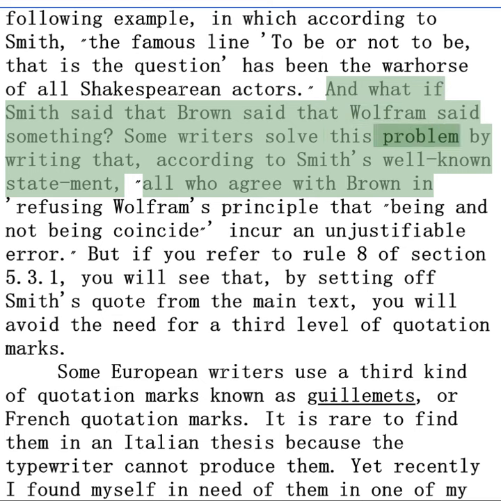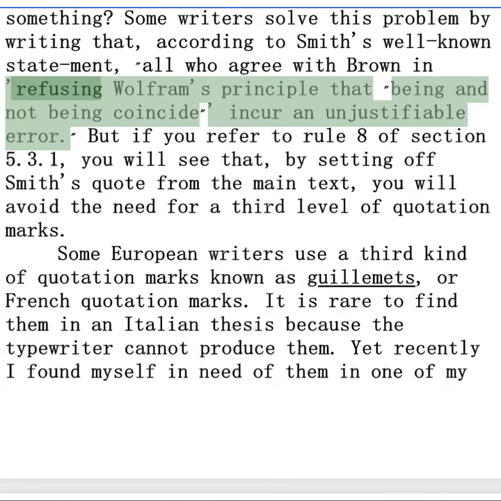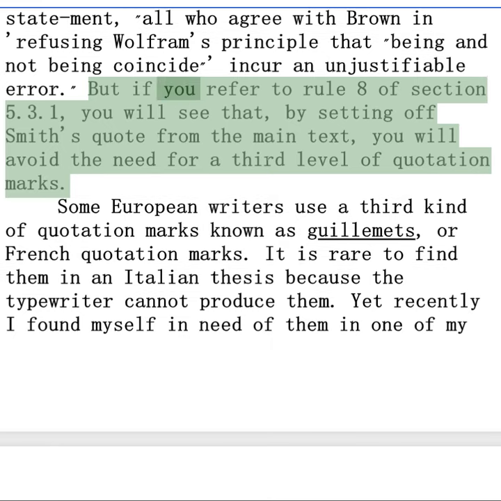Some writers solve this problem by writing that, according to Smith's well-known statement, all who agree with Brown in refusing Wolfram's principle that being and not being coincide incur an unjustifiable error. But if you refer to Rule 8 of Section 5.3.1, you will see that, by setting off Smith's quote from the main text, you will avoid the need for a third level of quotation marks.